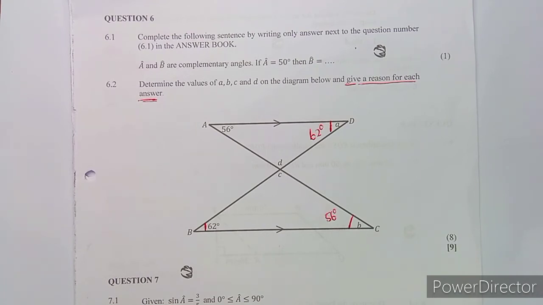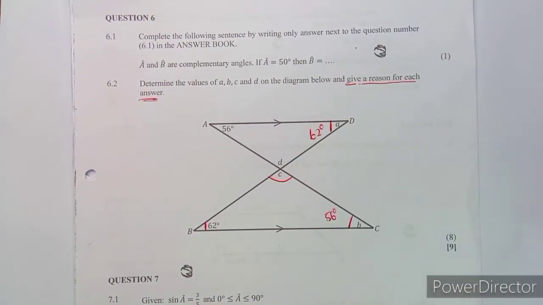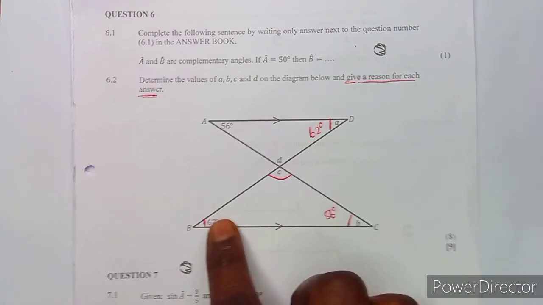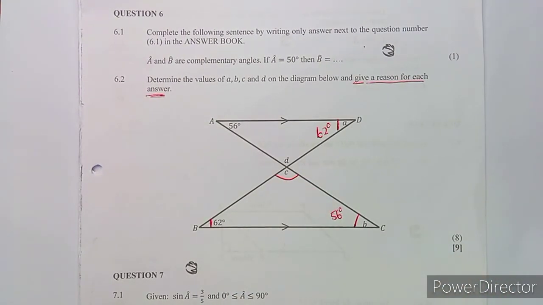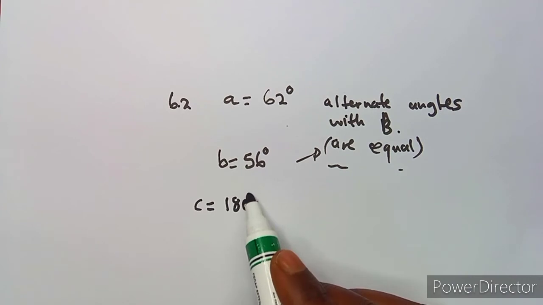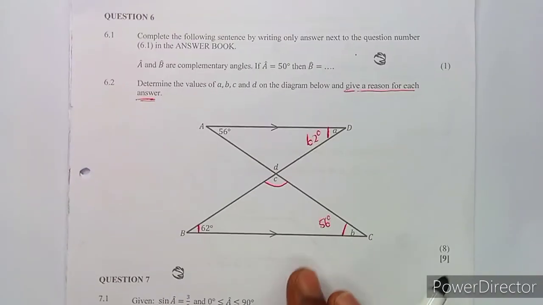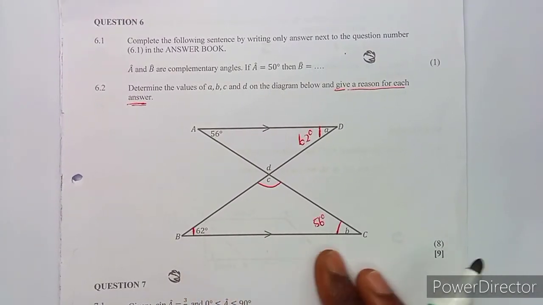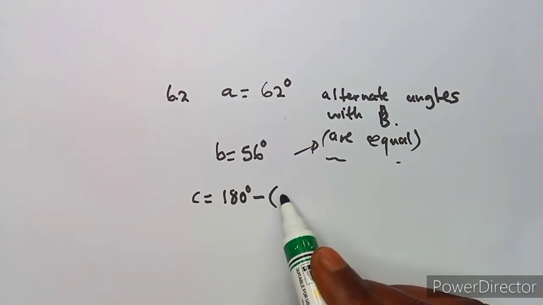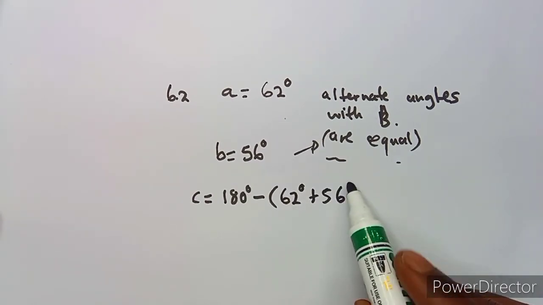Okay, then let's move on to C. This is your angle C here. So what are we noting from that C? These are angles in a triangle. Remember that angles in a triangle add up to 180 degrees. So to find C, we are going to subtract the two angles that you are given from 180, because angles in a triangle add up to 180. So you add 62 degrees plus 56 degrees.